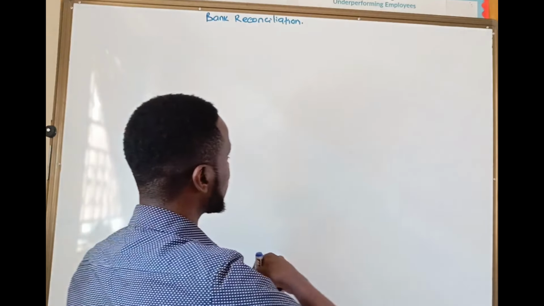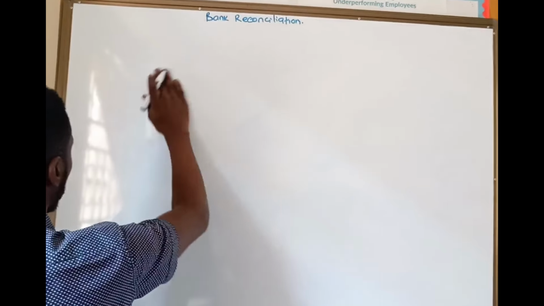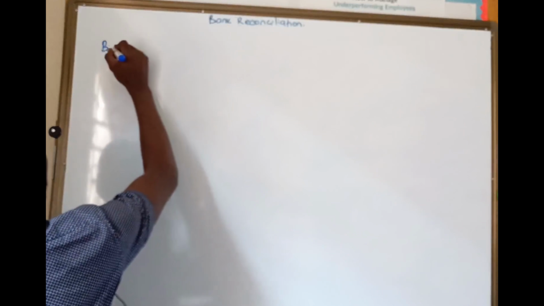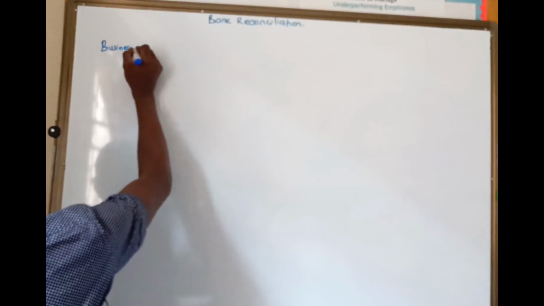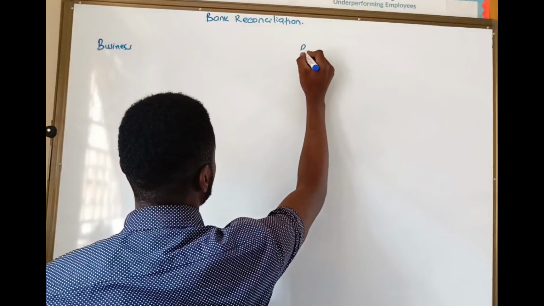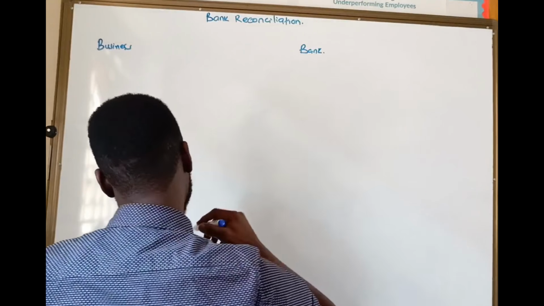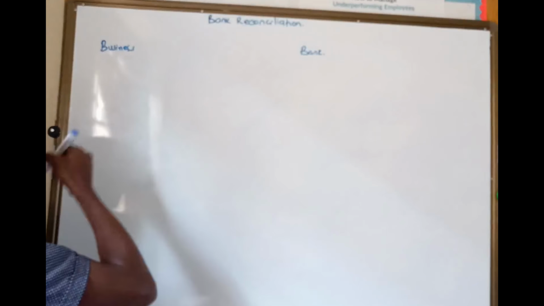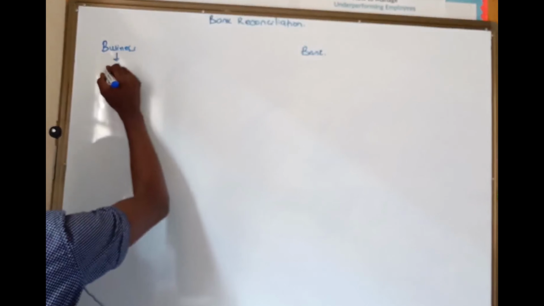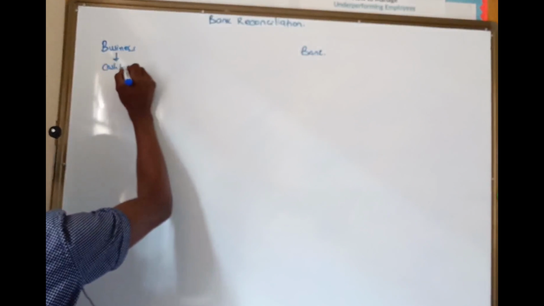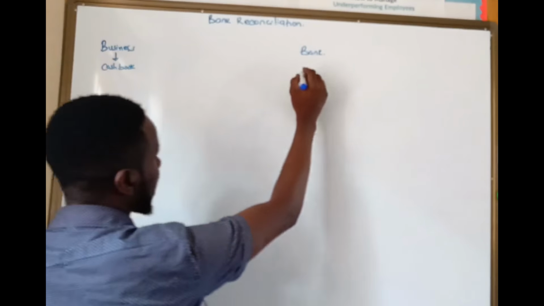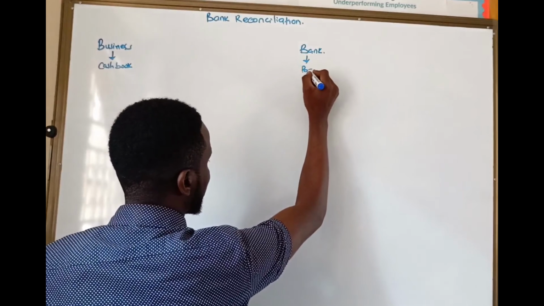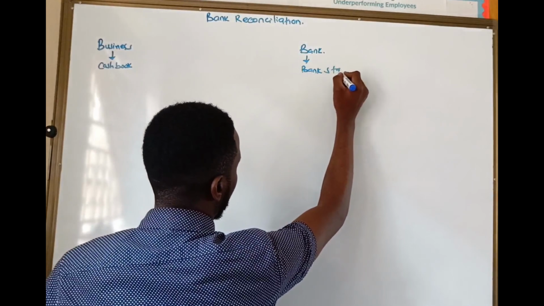So we have two entities here. One, we have the business. Then we also have the bank. Now, what we prepare in the cash book, the business actually through its accountant prepares the cash book, and the bank prepares the bank statement.